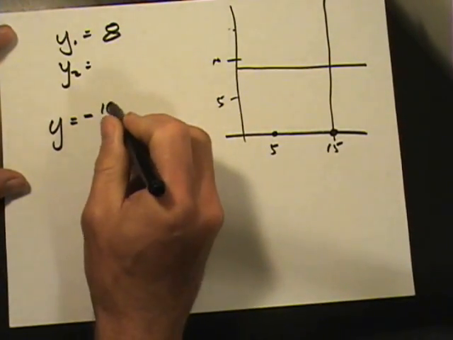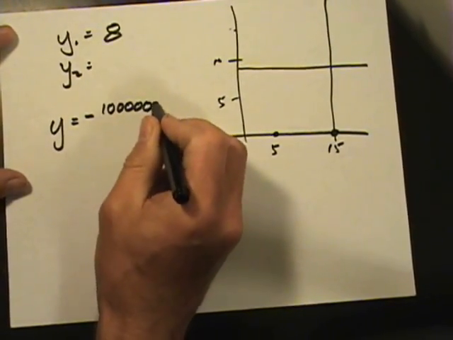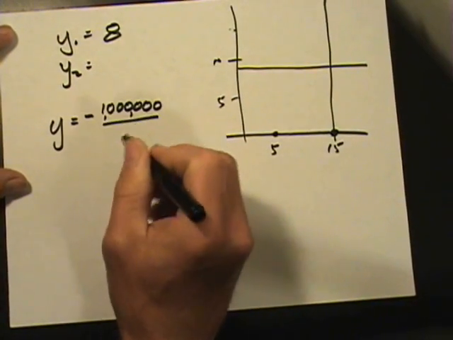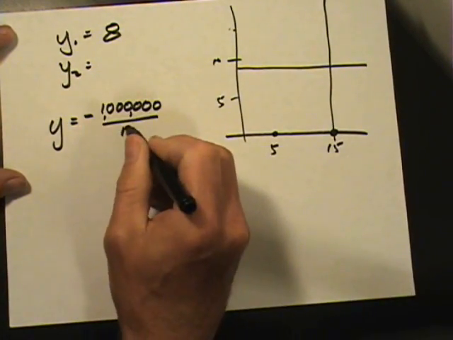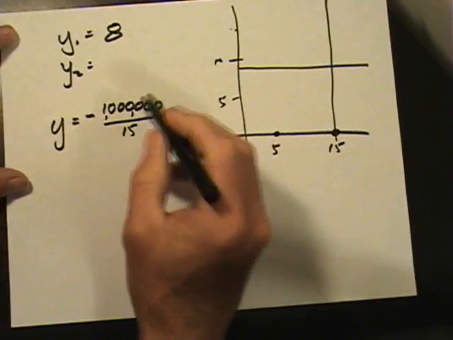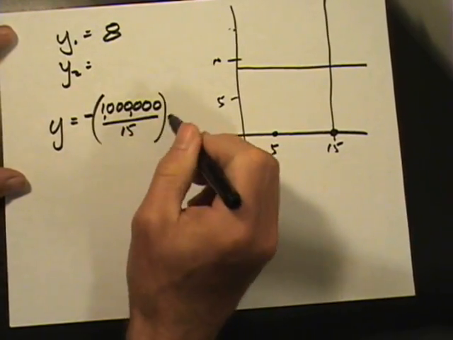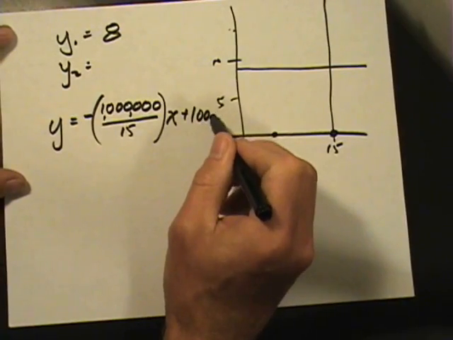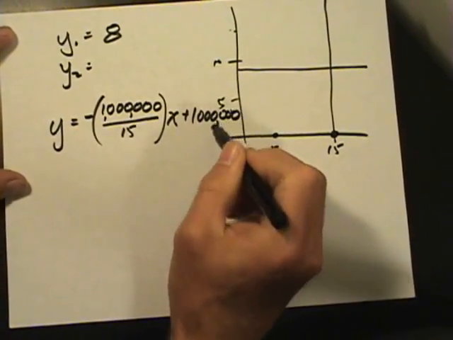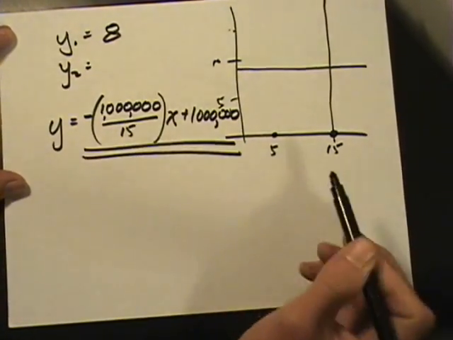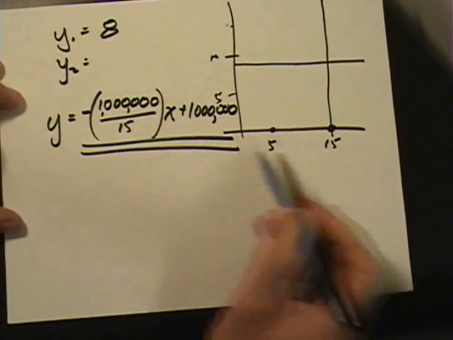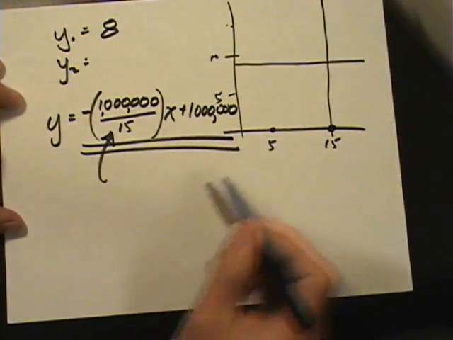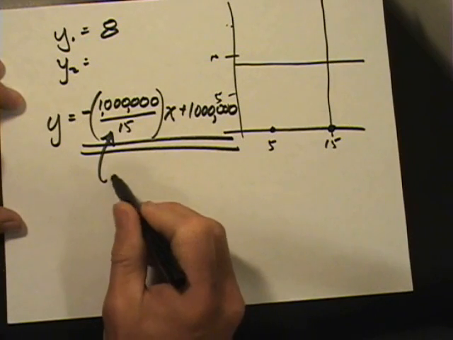Y equals negative 1,000,000, six zeros, over the intersection point 15, times x, and then the intercept is plus 1,000,000. All right, so that's the equation we'll type in, and then we'll replace this 15 with 5 when we want it to go in.